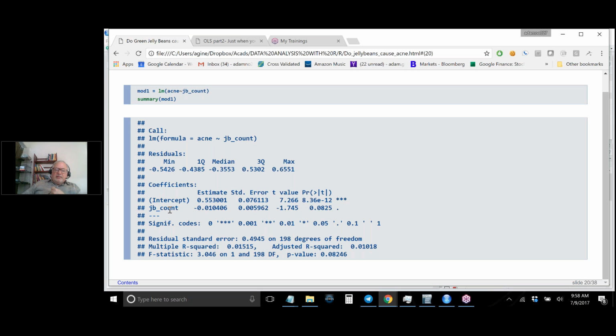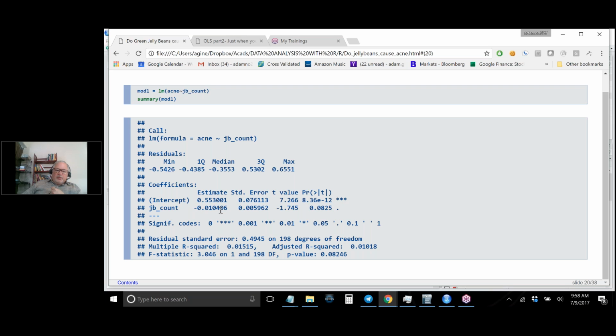And notice it says that the actual coefficient it expects for the jelly bean count to be very small. So even if you accept this hypothesis that how many jelly beans you eat affects acne, it's not a very significant effect.